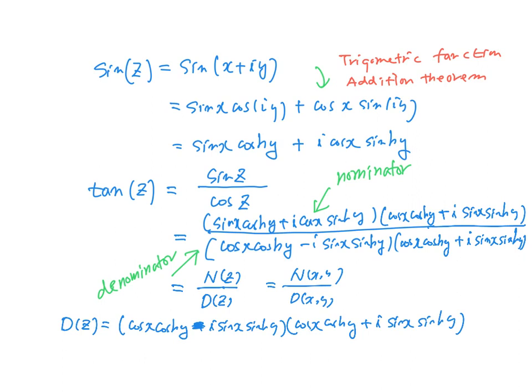And you know how to calculate the multiplication of a complex function by its complex conjugate: cosine square x cosine hyperbolic square y plus sine square x sine hyperbolic square y.